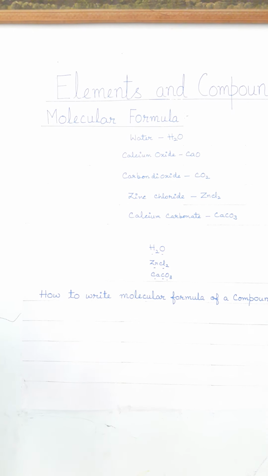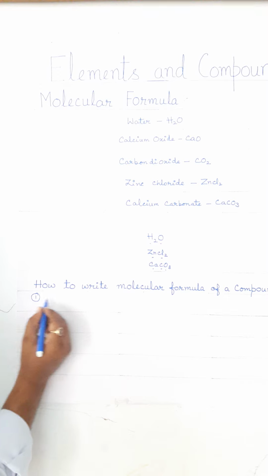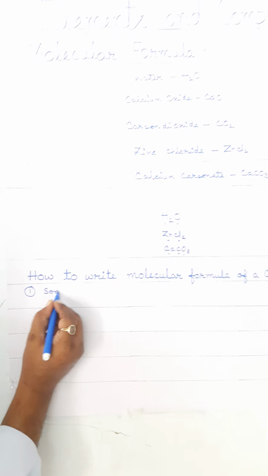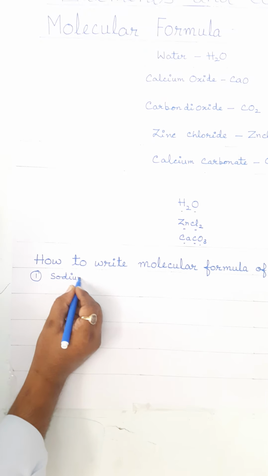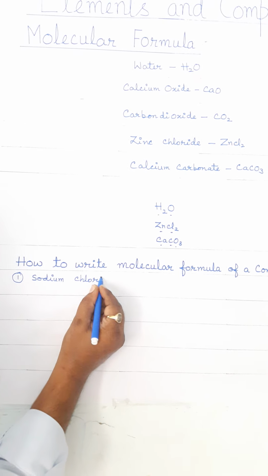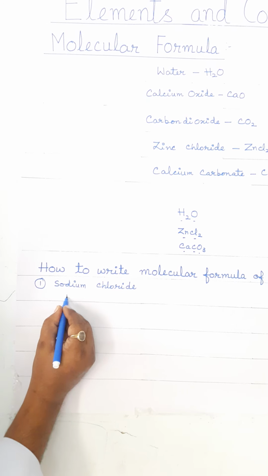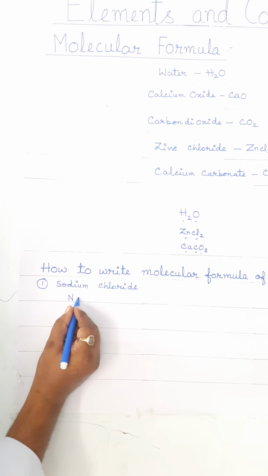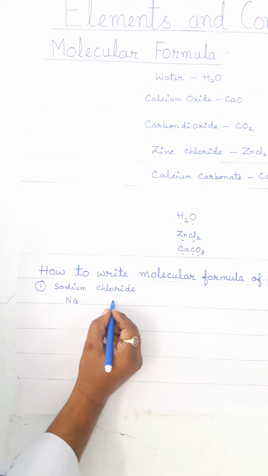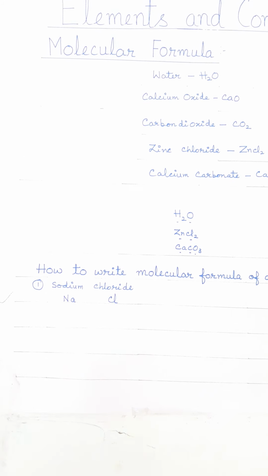The first example which we take is of sodium chloride. Now sodium chloride is made up of two elements, sodium and chlorine. So we'll write the symbol of sodium is Na, symbol of chlorine is Cl. This is the first step.